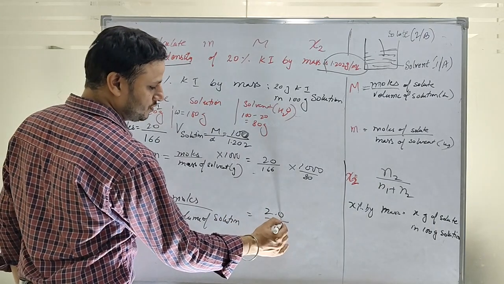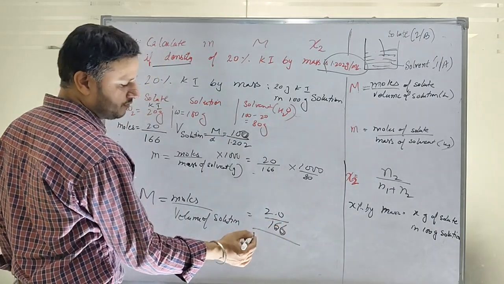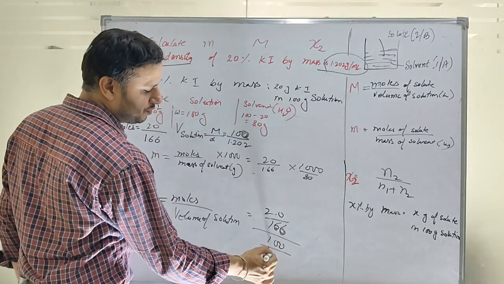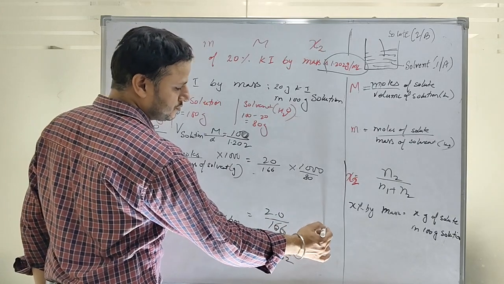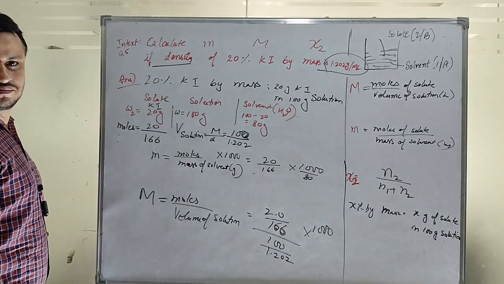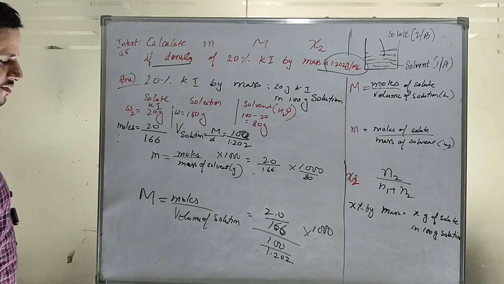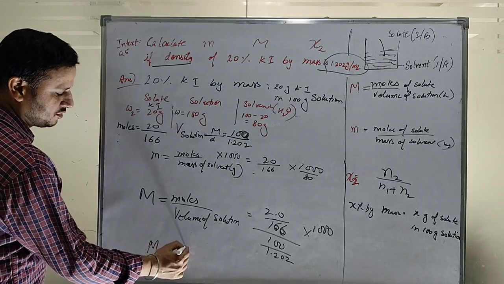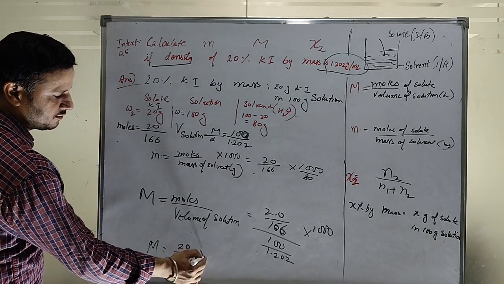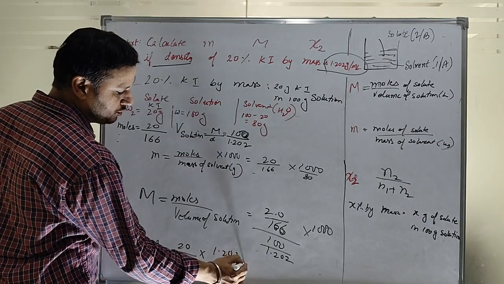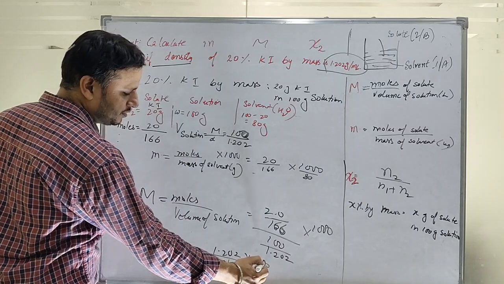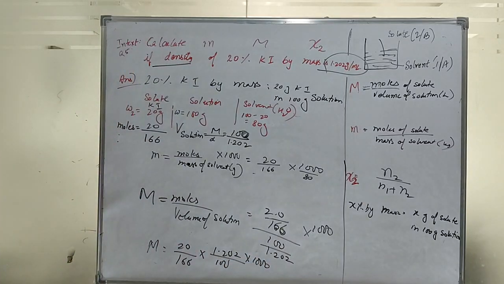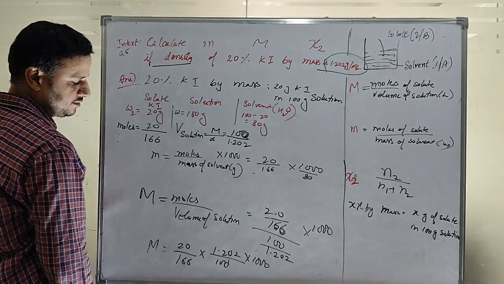So 20 over 166 divided by 100 over 1.202 into 1000. That becomes 20 over 166 into 1.202 by 100 into 1000. So that becomes the molarity.